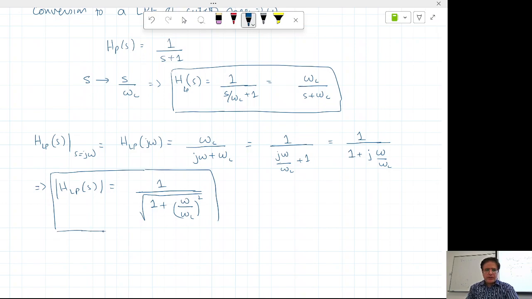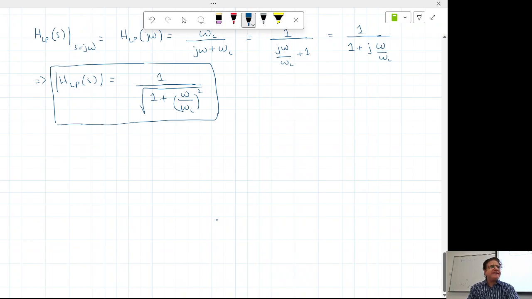Okay. Now, what do we want the gain to be for the frequency 0 radians per second? We want the gain to be 1, right? So let's see for omega equals 0. The gain is going to be 1 over the square root of 1 plus 0 squared. That's just 1.